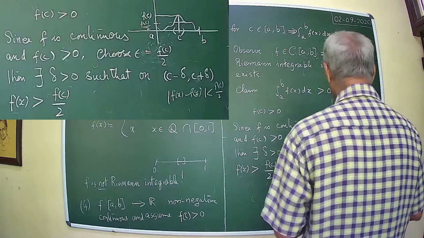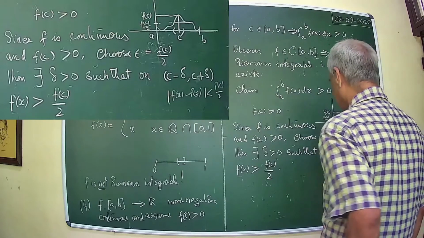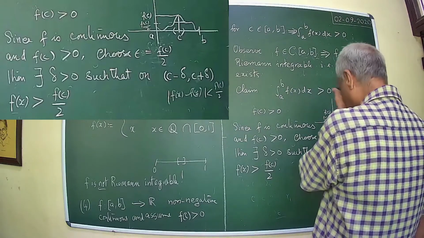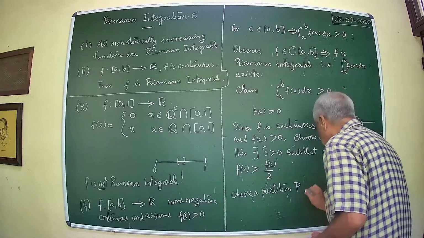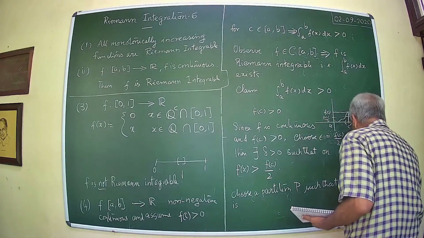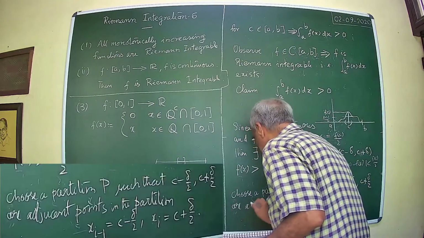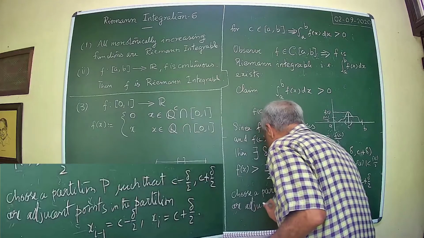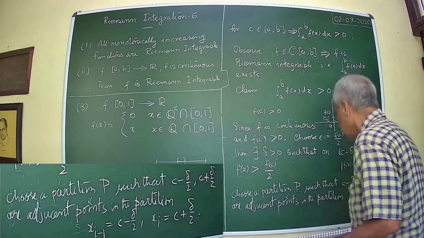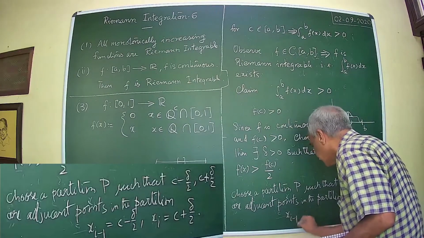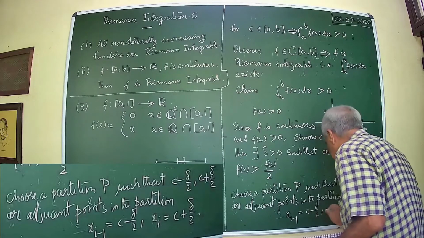Therefore, what do we do? Now let us compute the lower sum and the upper sum. So choose a partition such that c minus delta by 2 and c plus delta by 2 belong to the partition. That is, choose x_{i-1} equal to c minus delta by 2.